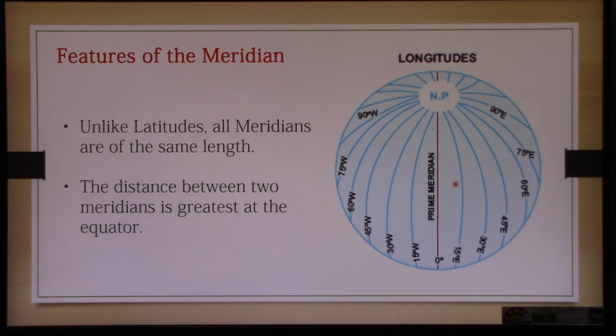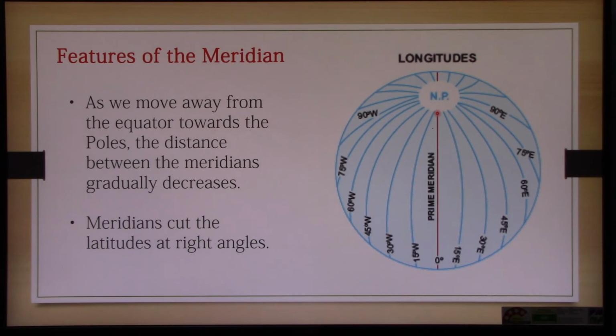And the place where the prime meridian meets the equator is the center part of the globe. This is the greatest difference. So the distance between two meridians is greatest at the equator, only here. But when we go closer to the poles, it gets what? Very minute, it becomes very small. So the distance reduces near the poles.